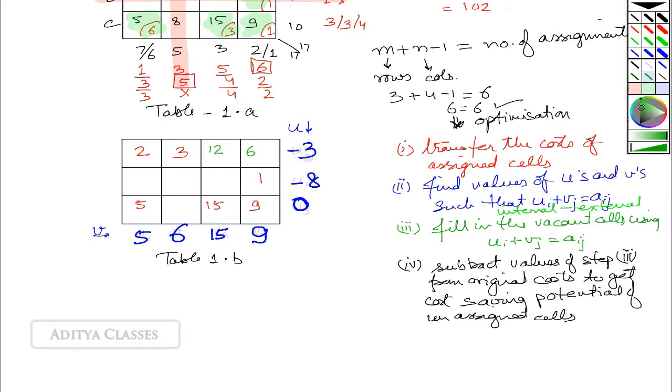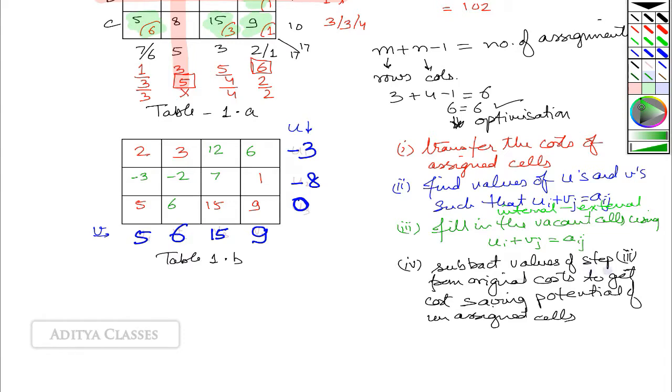I'm not subtracting, I'm actually adding 9 plus minus 3. 5 minus 8 would make it a minus 3. 6 minus 8, 15 minus 8, 7. 6 plus 0. So I'm through with my third step. Fill in the vacant cells using ui plus vj is equal to aij.